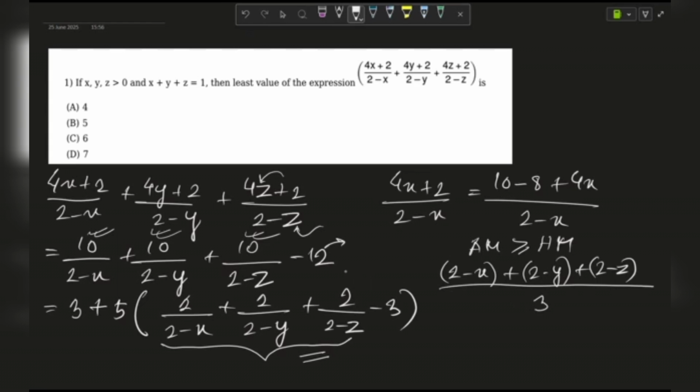Please note that as I am doing with this expression, I am not considering the 2 for now. I will multiply it later in the final result. So this becomes greater than or equal to 3 divided by [1 by (2 minus x) plus 1 by (2 minus y) plus 1 by (2 minus z)].